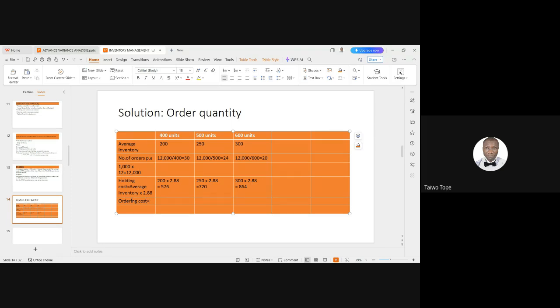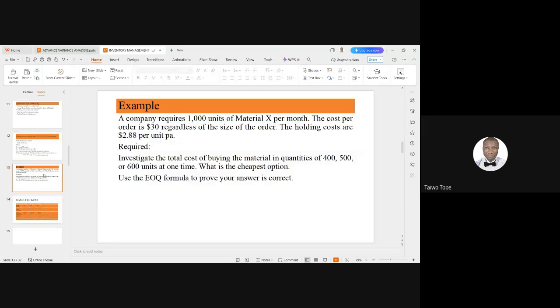Your ordering cost will be your number of orders multiplied by the cost per order. The cost per order is what? $30. So per order, multiply by $30.